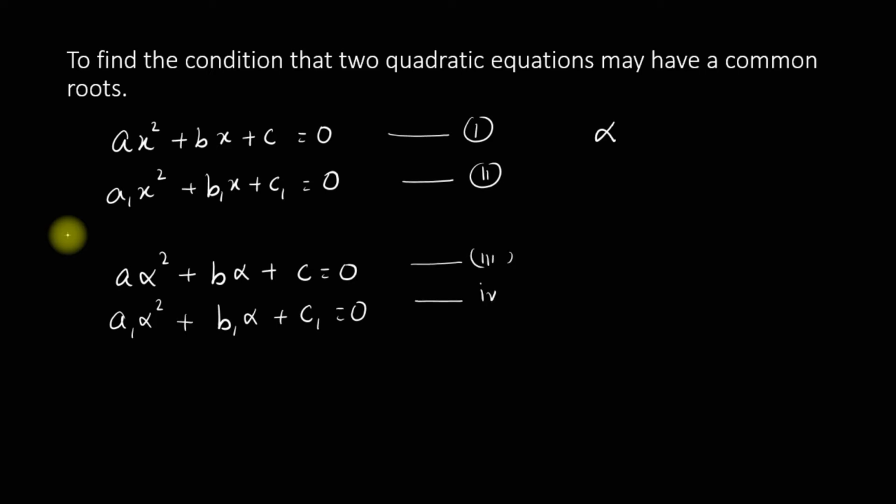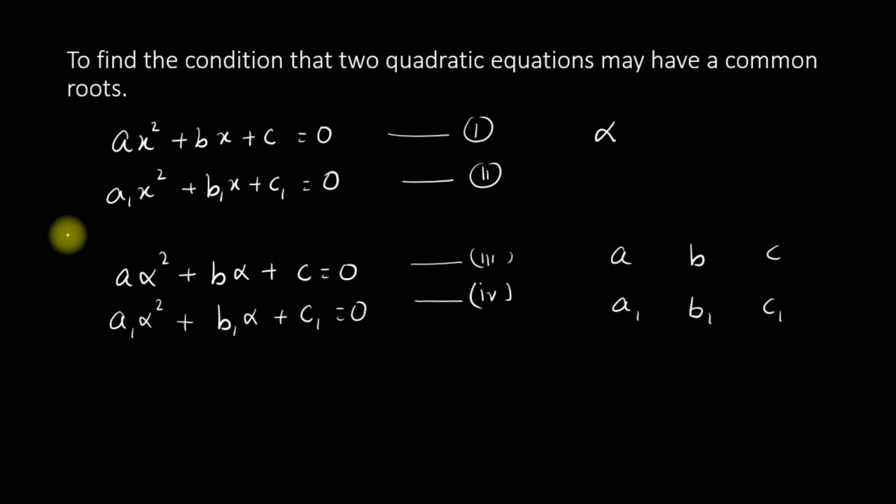Now we have to find the value of alpha by solving both the quadratic equations. Here we use ratio and proportion in solving equations third and fourth, that is, we use the cross multiplication method. So we have the coefficients a, b, c and a1, b1, c1.